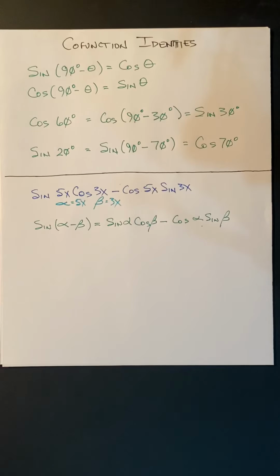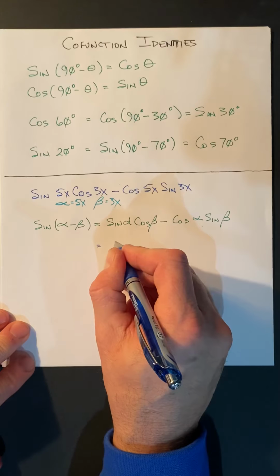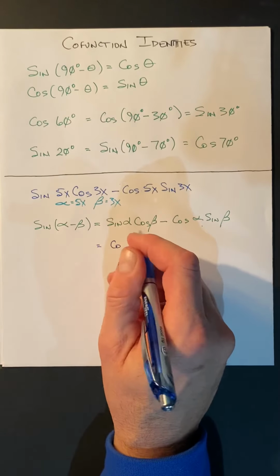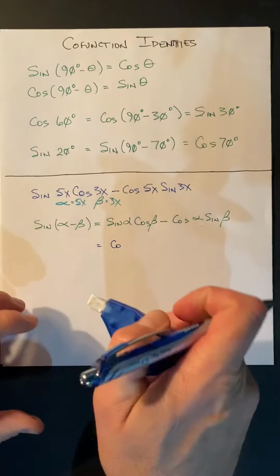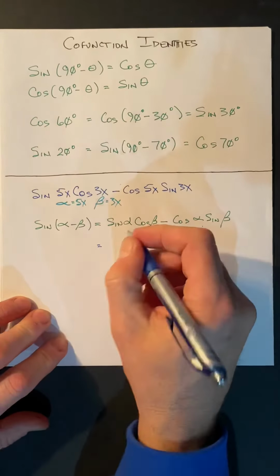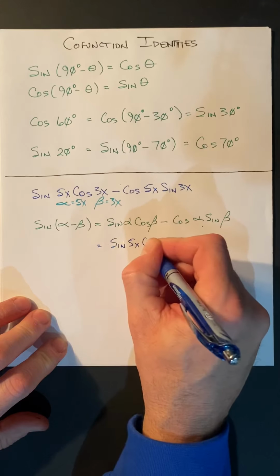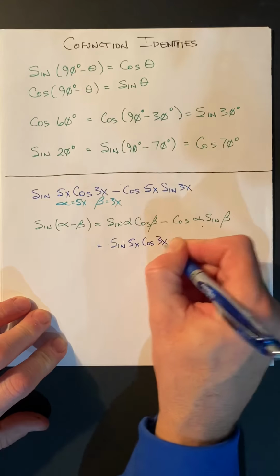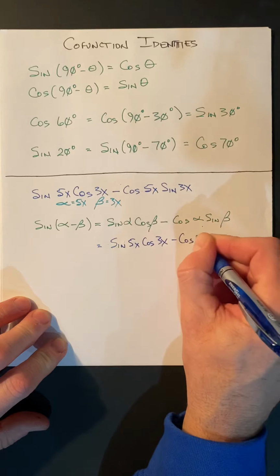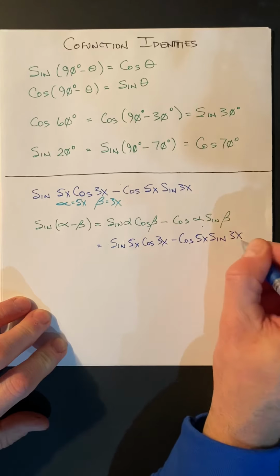So when I plug that in, I'm going to have the sine of 5x cosine 3x minus cosine 5x sine of 3x, right?